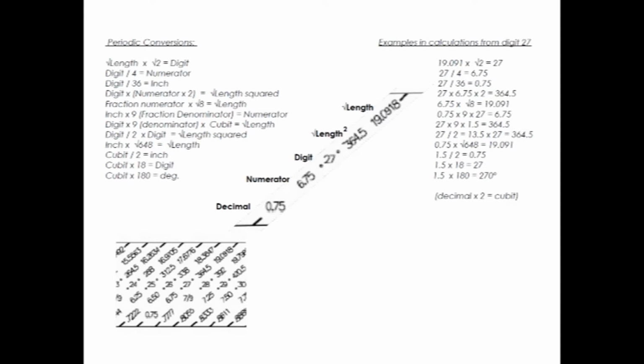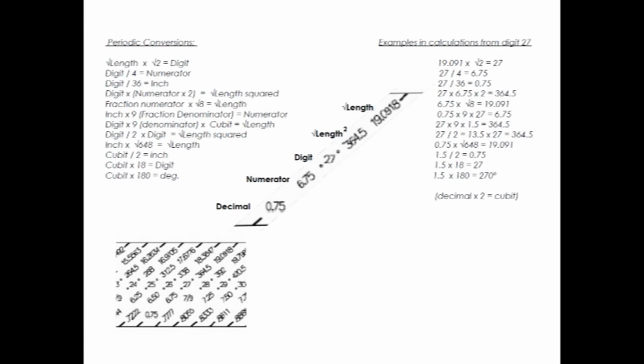Inch times 9, the fractional denominator, equals the numerator. 0.75 times 9 times 27 equals 6.75. Digit times 9, the denominator, times cubit equals root length squared. 27 times 9 times 1.5 equals 364.5.